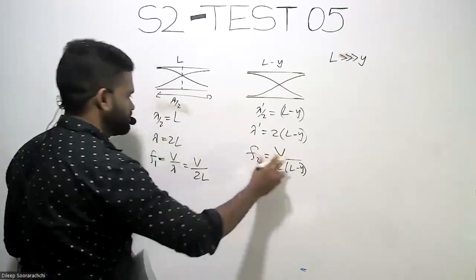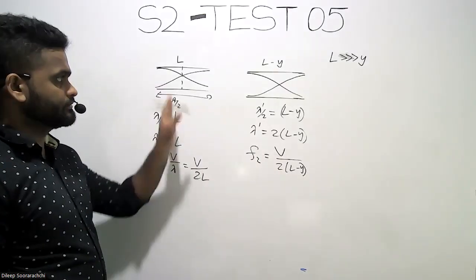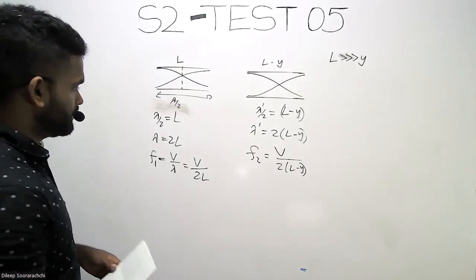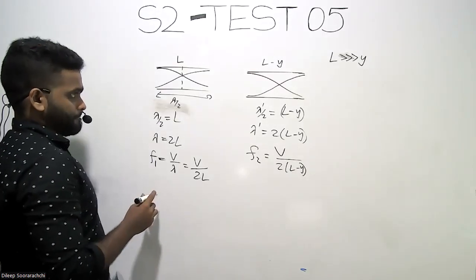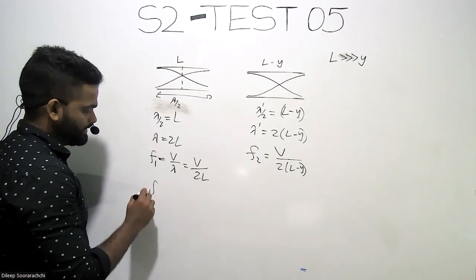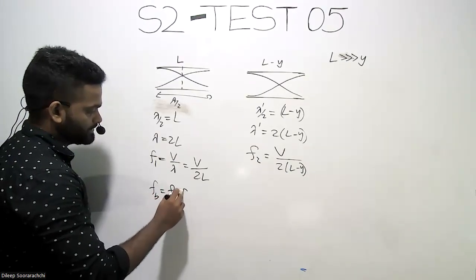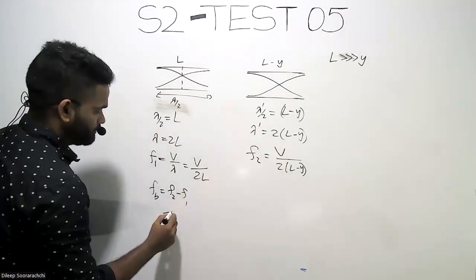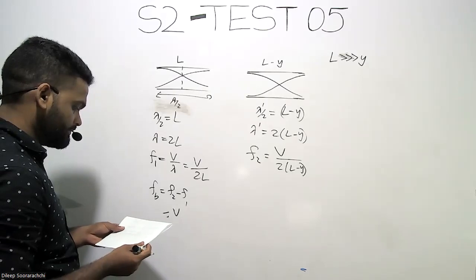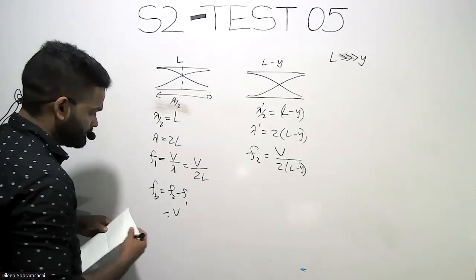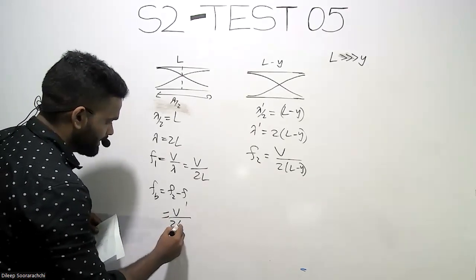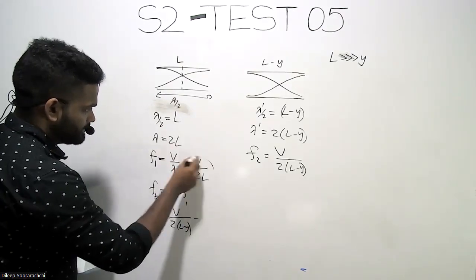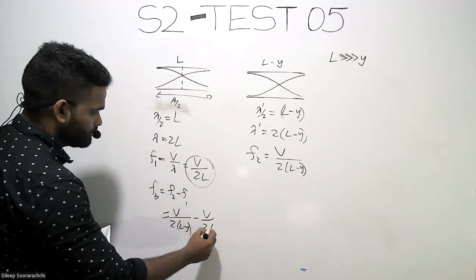So these are the two frequencies created by each. So the beat frequency should be f2 minus f1. f2 is v divided by 2(L minus y), minus f1, which is v divided by 2L.